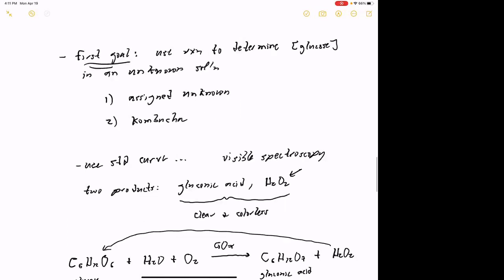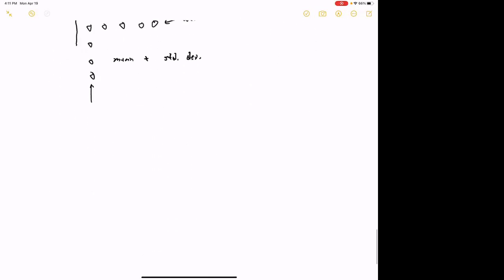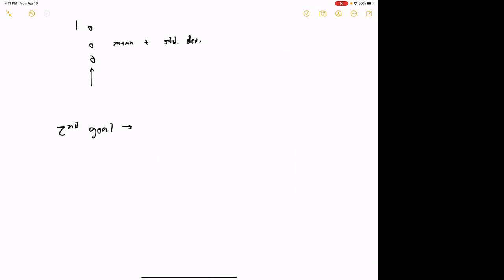So our second goal is actually to be able to do a kinetic analysis of the enzyme action on glucose.